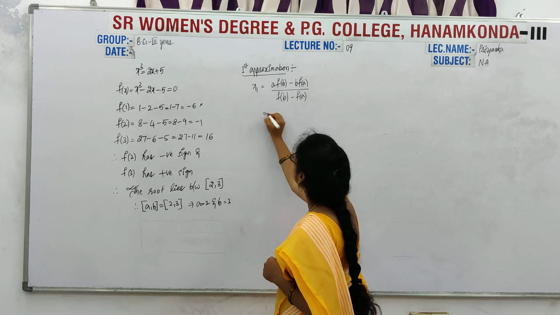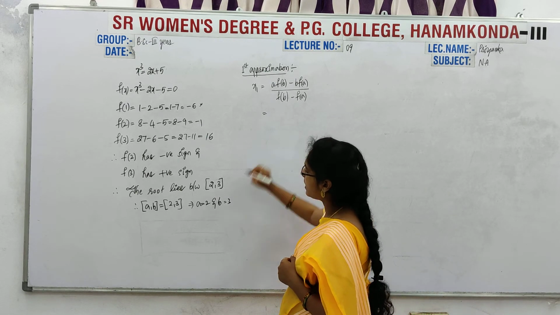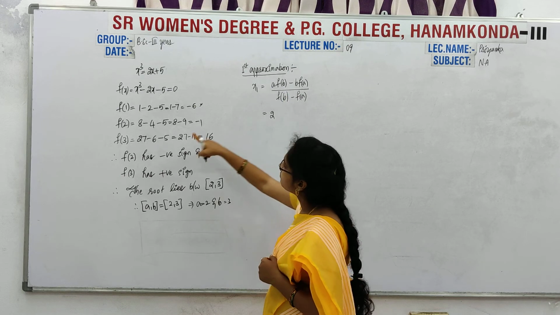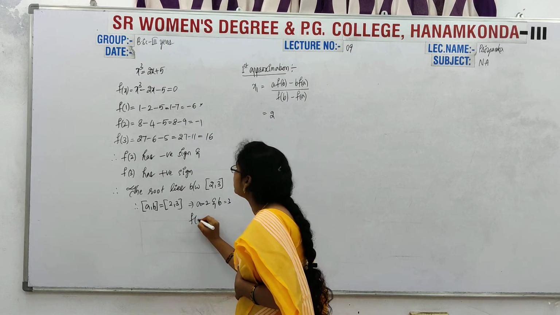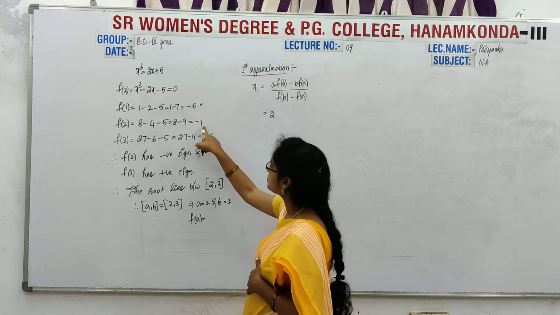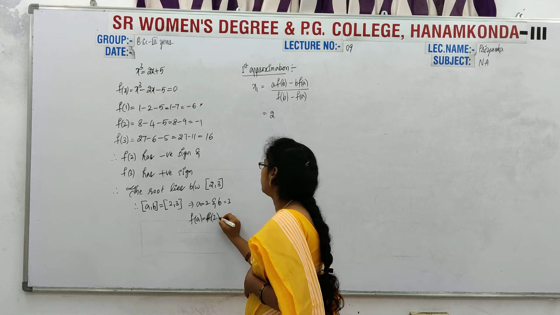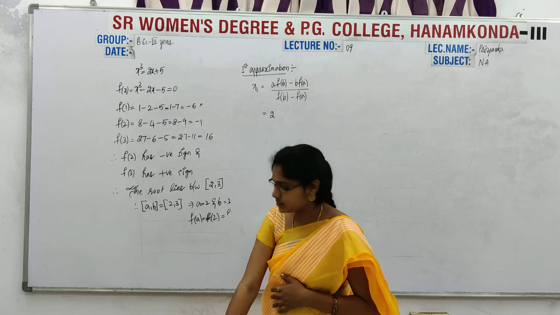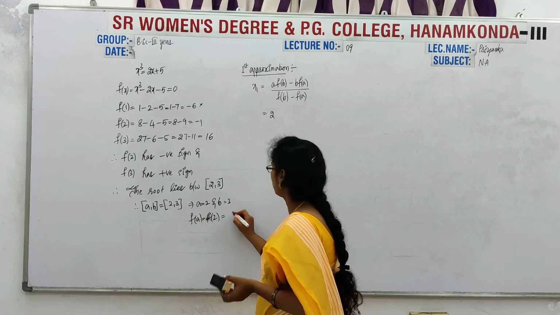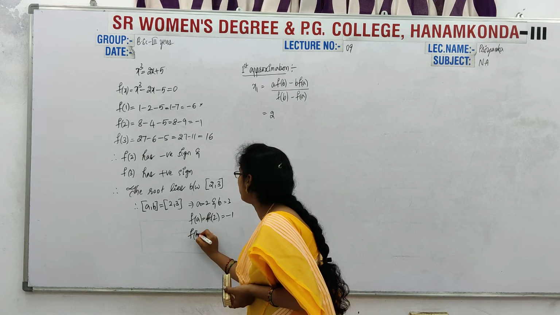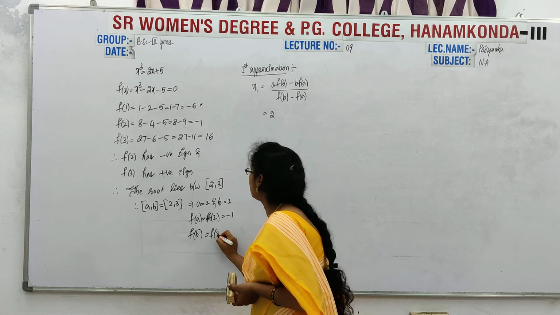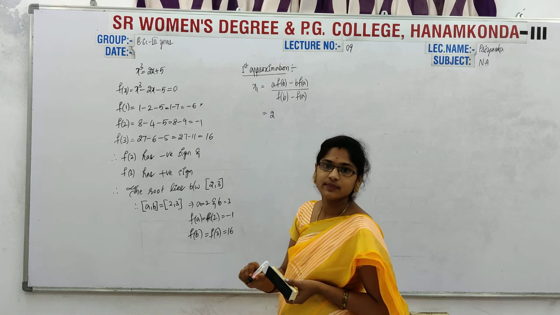Now, what is a here? a is 2. f of a, that is f of 2, equal to minus 1. Next, f of b equal to f of 3 equal to 16. Done.